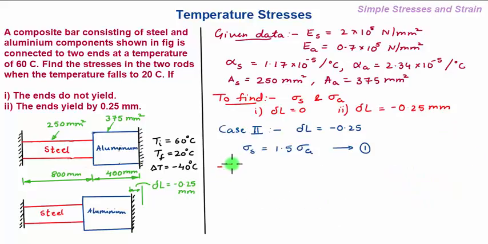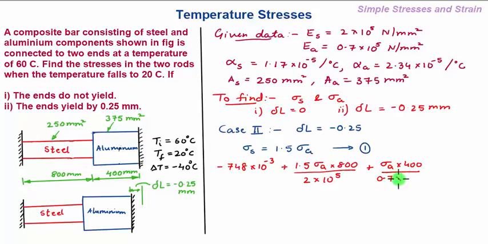So we have minus 748 into 10 to the power minus 3 plus 1.5 sigma A into 800 upon 2 into 10 to the power 5 plus sigma A into 400 upon 0.7 into 10 to the power 5 is equal to minus 0.25.